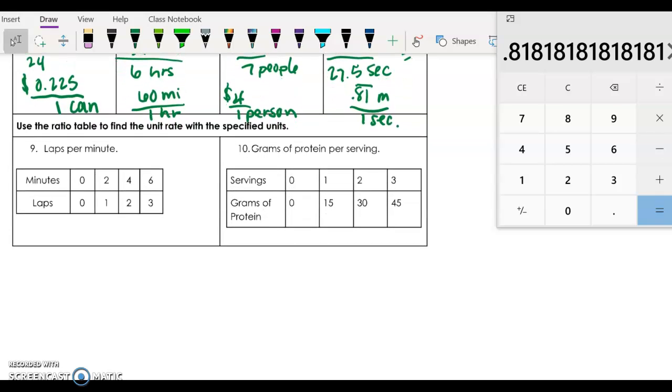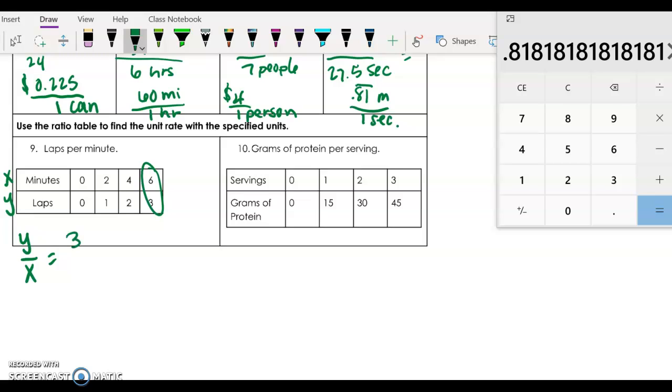All right, so now we're going to look at ratio tables, and we're going to find the unit rate. So don't start with your zeros, because 0 divided by 0, we can't do it. But remember, we have the top is our x and the y is our bottom in our table, and we always write the fraction as y over x. So I'm going to start with 3 and 6.